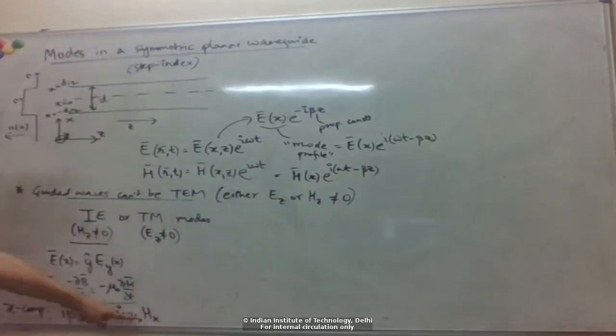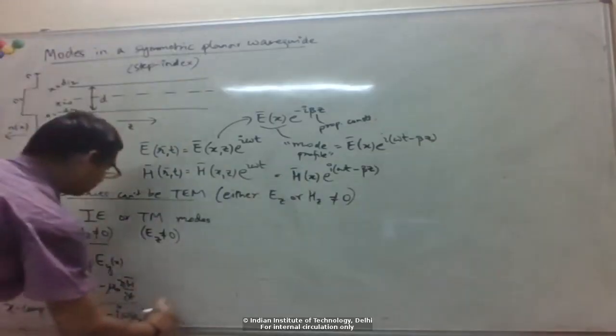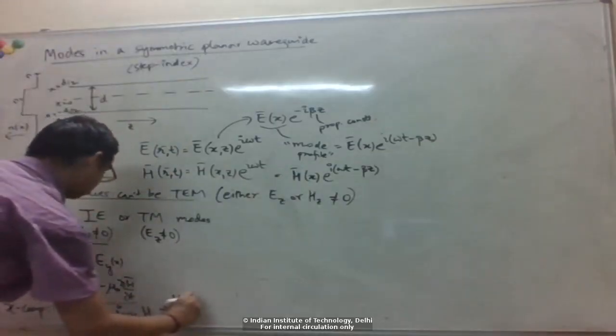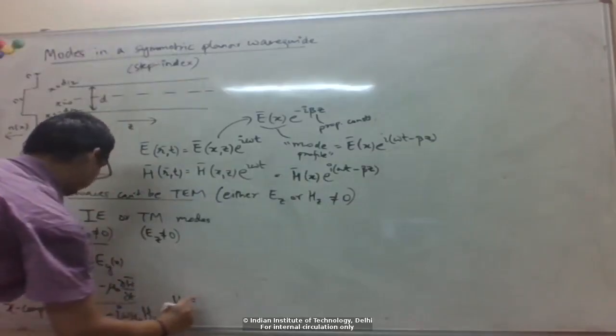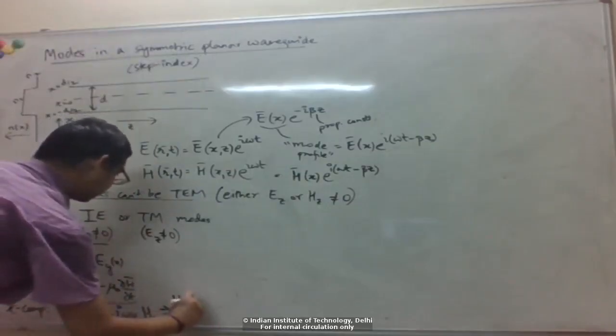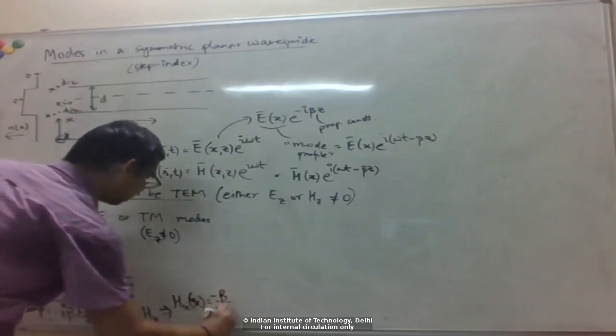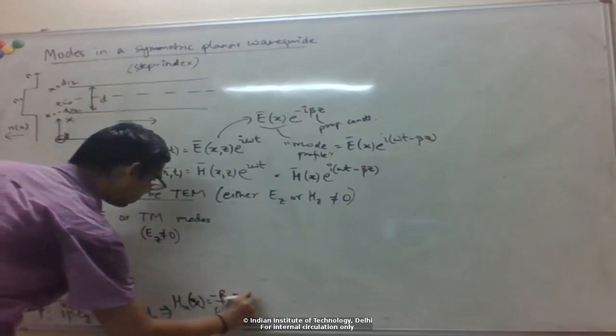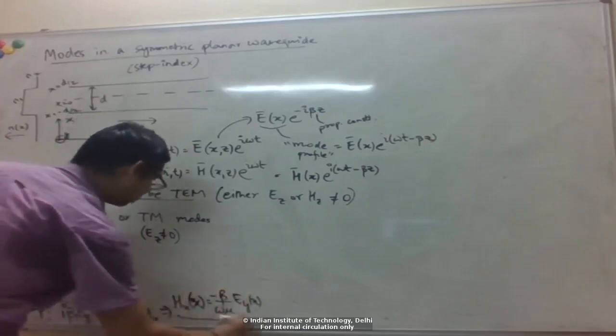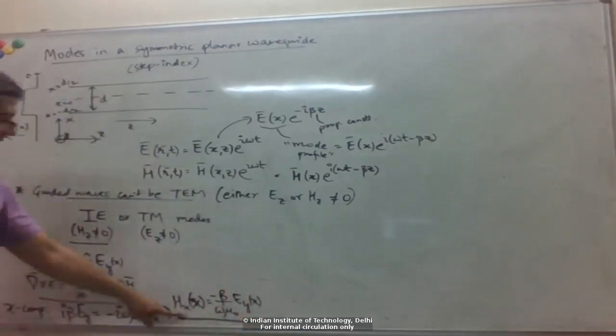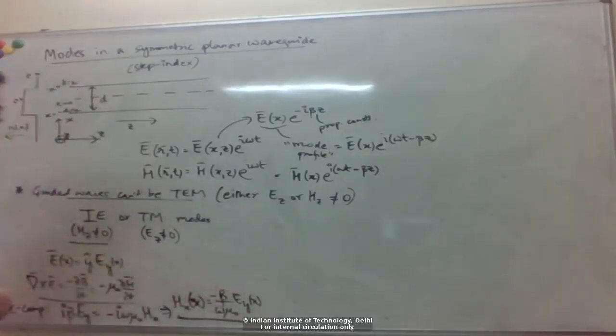Okay, so you can see that the magnetic field will have an x component proportional to the electric field, which we've taken in the y direction, right? The amplitude is also a function of x. So that's how the magnetic field in the x direction depends on the electric field. But this will also have a z component.